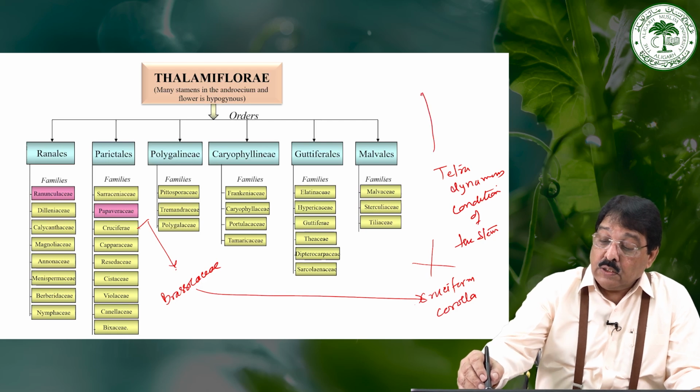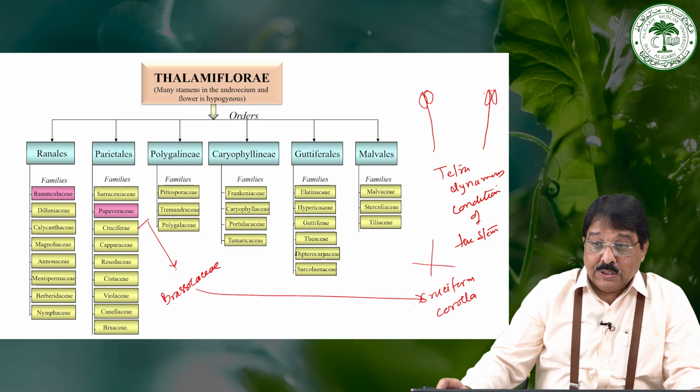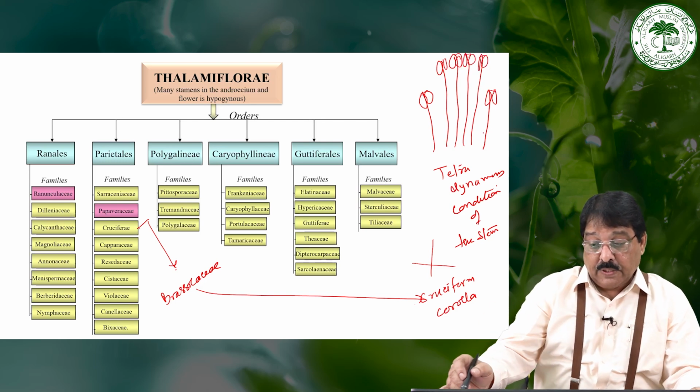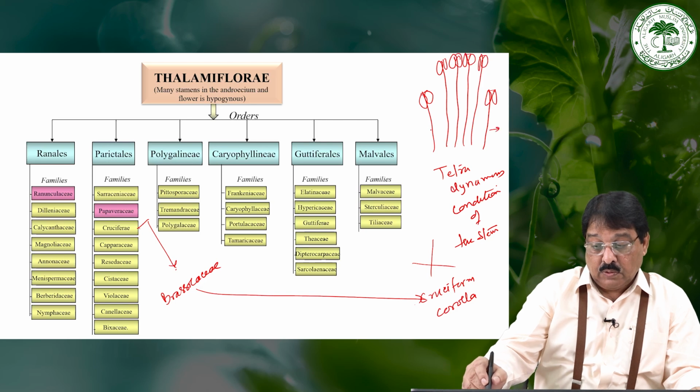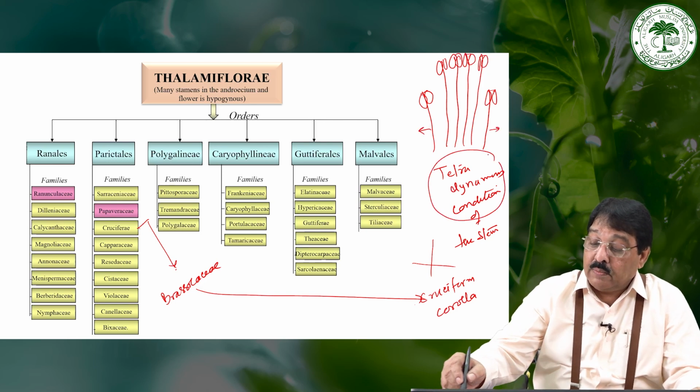The outer two stamens are short, while the inner four are long. If such a condition is found, then it will be called tetradynamous condition.